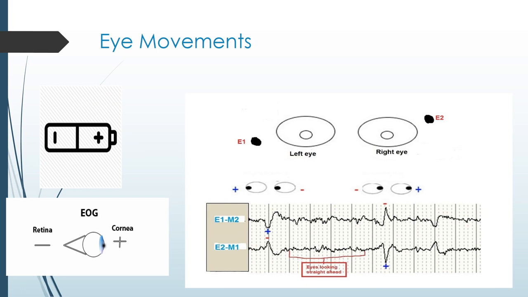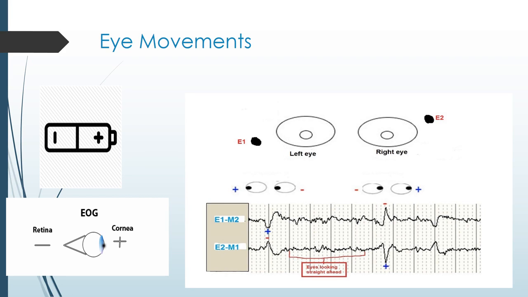Okay, so I have a couple of pictures here for you. Now, I used this book called A Technologist's Guide to Performing Sleep Studies, and I really like how they explain the eye channels. They explain it as that the eyes are like a battery, and that one side of the eye is positive and the other side is negative. So you see the retina is negative in the picture below, and the cornea is positive.